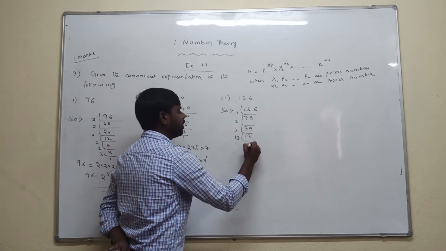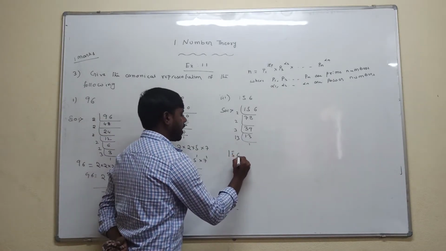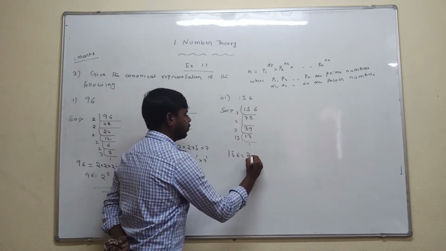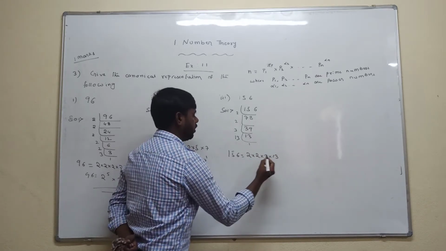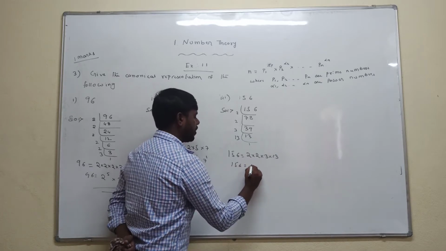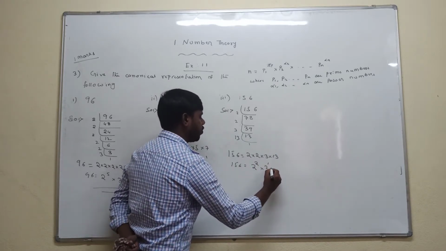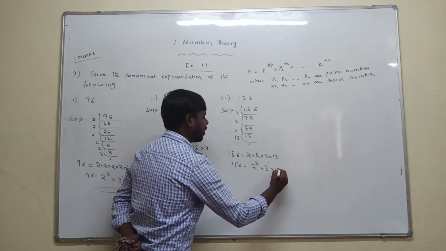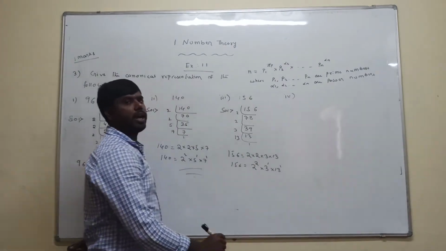So 13 ones are 13. Now 156 can be written as 2 into 2 into 3 into 13. Now 2 is repeated how many times? 2 times. 3 is repeated only 1 time. 13 is repeated only 1 time. This is the canonical representation.